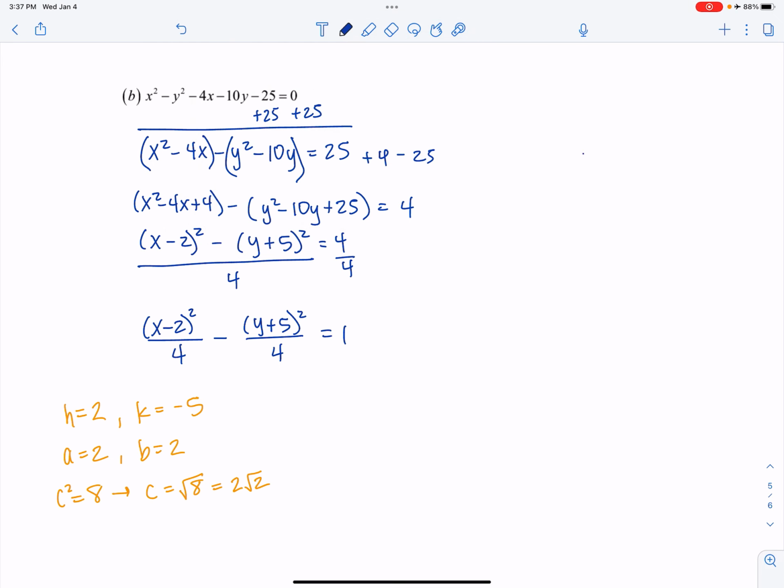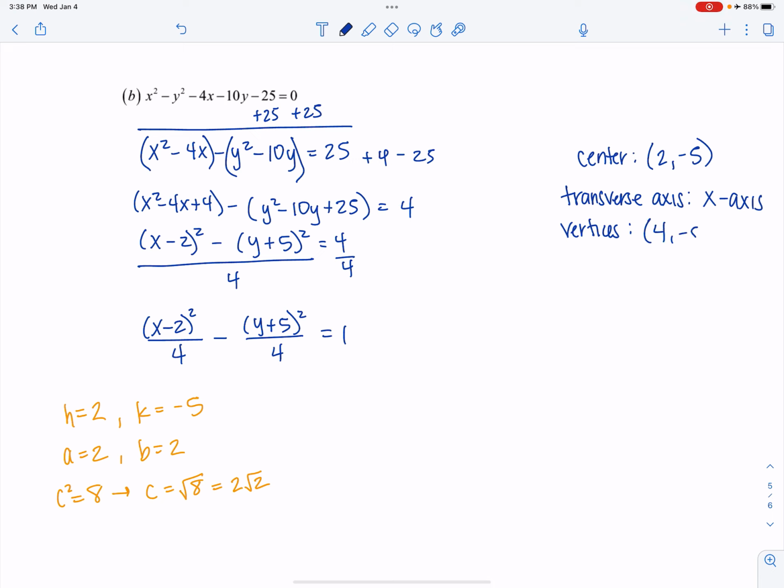So our center is (h, k), so (2, negative 5). Our transverse axis is the x-axis. The vertices are (4, negative 5) and (0, negative 5).